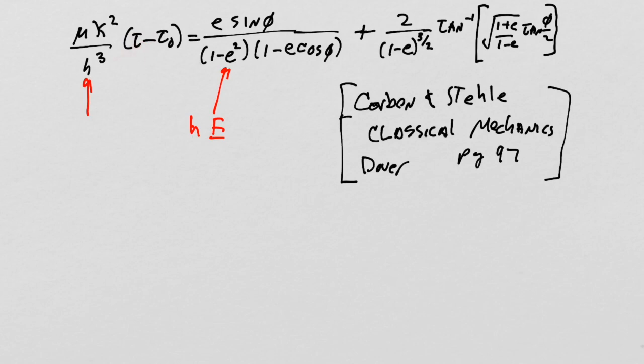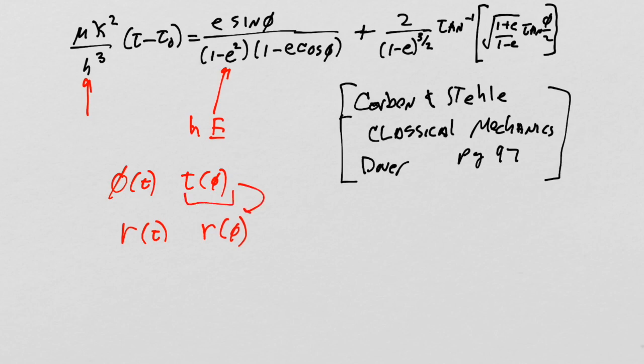Now, I promised phi is a function of t, but really this is t as a function of phi. And now r as a function of t is going to be, we have r as a function of phi, and so we take this guy and push it in there, and we get, well, let's see, we would need to invert this guy, right?